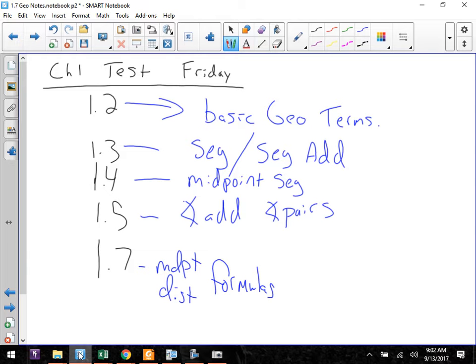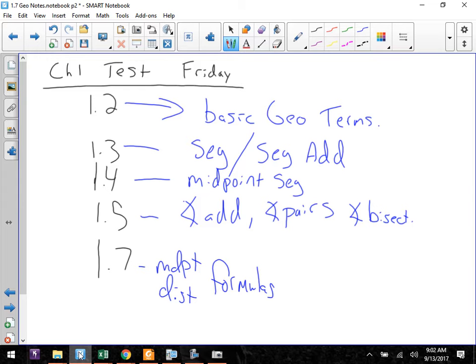Angle pairs, angle addition, angle bisecting. Angle bisecting is the exact same thing as midpoints of segments. We set them equal to each other. The only difference between angles and those is that angles change direction, whereas the segments are straight across from one another. It's really the only major difference between the two.